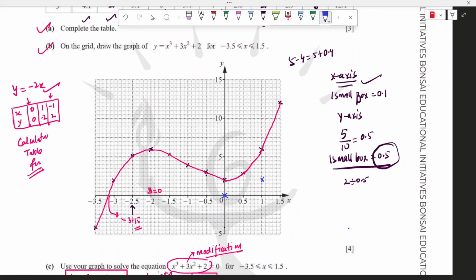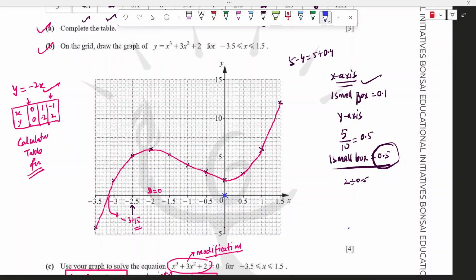And the third point is minus 1 comma positive 2. 0 comma 0, x is 1, y is minus 2, x is minus 1. So 0, 0, 1 comma minus 2 will go downside.